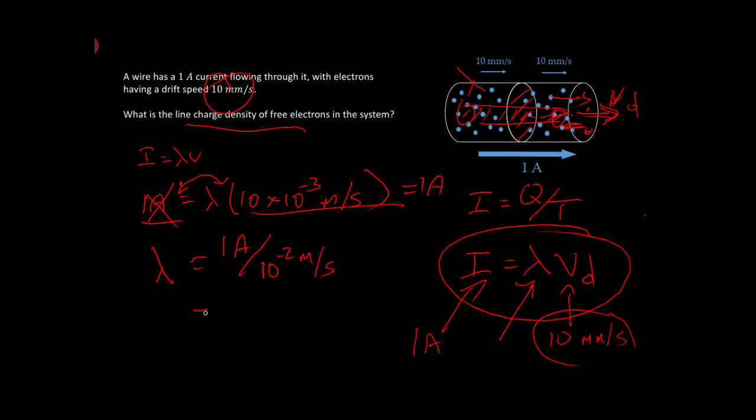And that is going to be 1 coulomb per second over 1 over 100 meters per second. So those seconds cancel out, and we end up with 100 coulombs per meter. And that's the line charge that's moving along here, right?